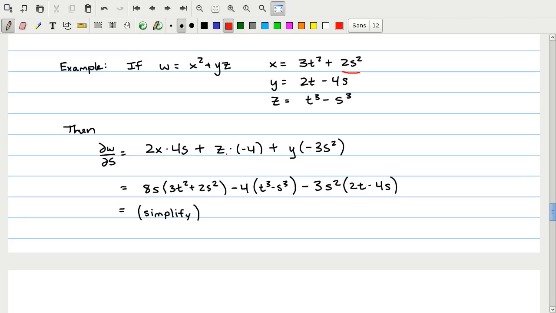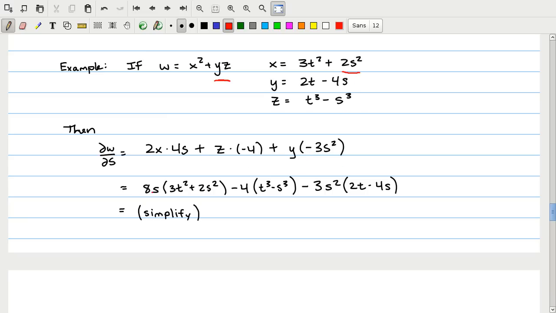Then we will take the partial of w with respect to y from here. That gives us z times the partial of y with respect to s, which is -4, plus the partial of w with respect to z, again from this term, that gives us just y, times the partial of z with respect to s, which is -3s squared. So we get all these terms.